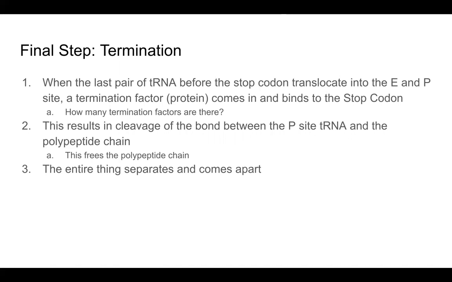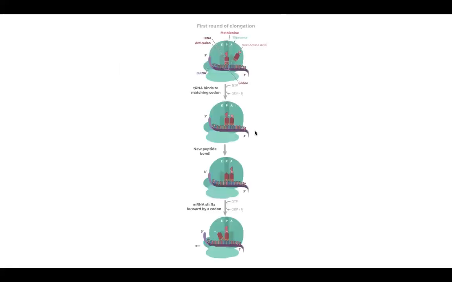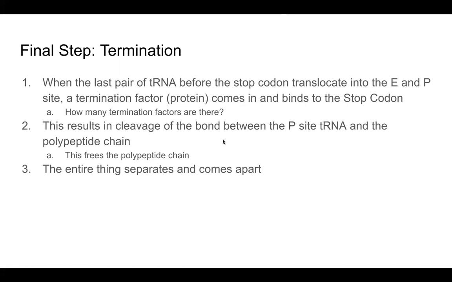So before that moves into the E, P sites, the termination factor, which is a protein and not a tRNA, comes in. This is not an empty tRNA. Don't think of it as an empty tRNA. It's a totally different protein called a termination factor. That comes in and binds to the stop codon, so now that's sitting in the A site. You have your whole chain in the P site, but nothing has moved into the E site yet.